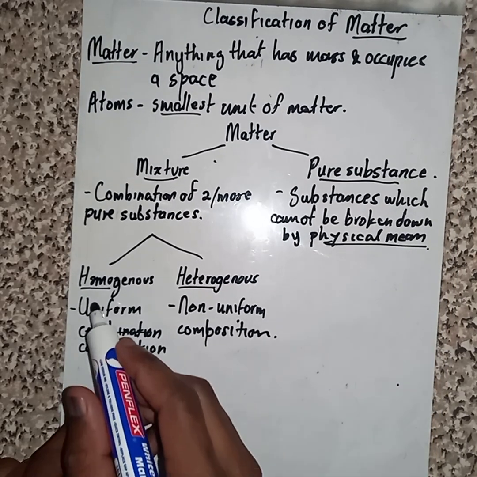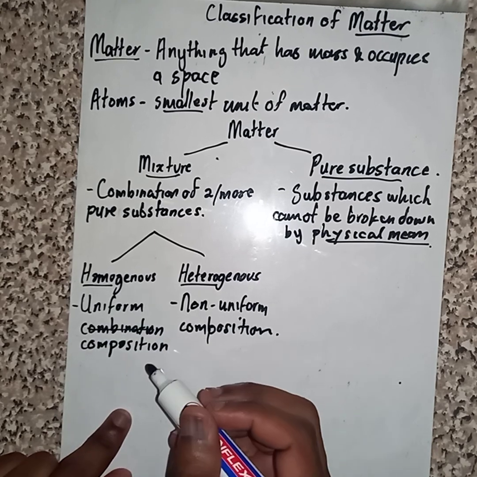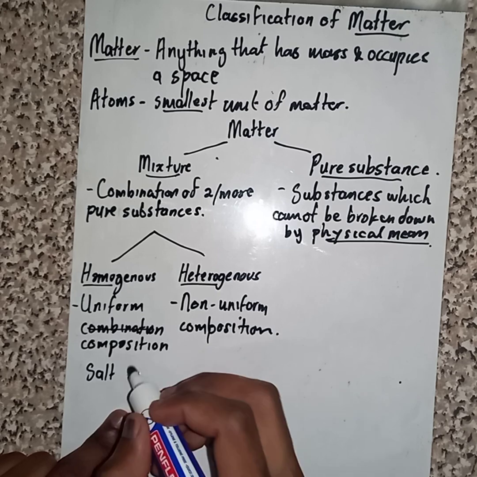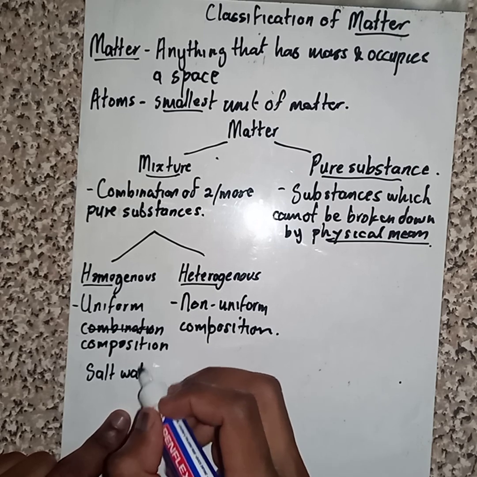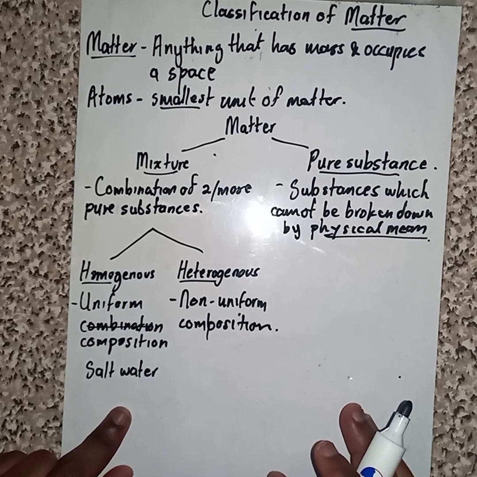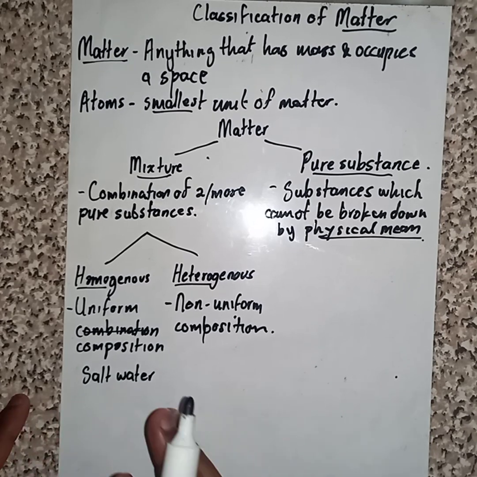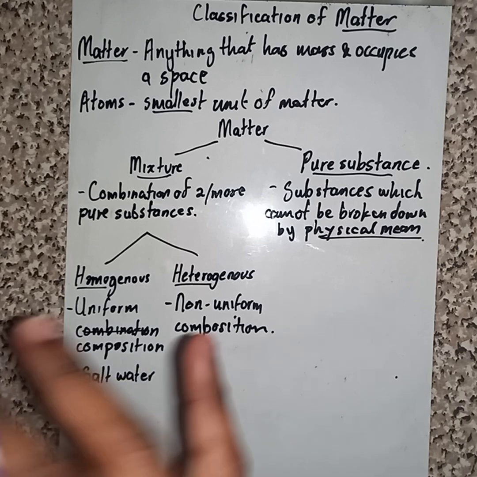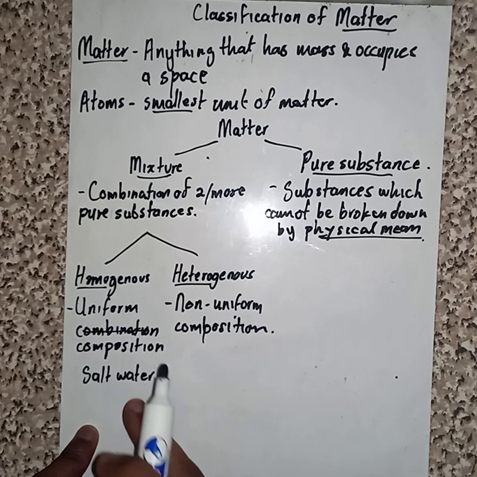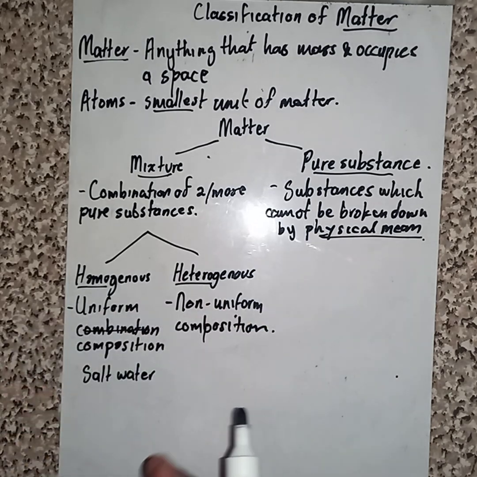The example of a homogeneous mixture is salt water. We know that it is very difficult to separate dissolved salt from water. You see, it forms one part with water. When we take salt and put it inside water, it forms one part.